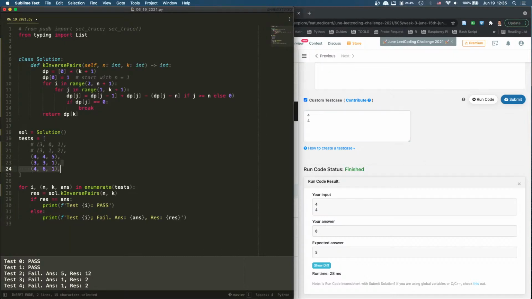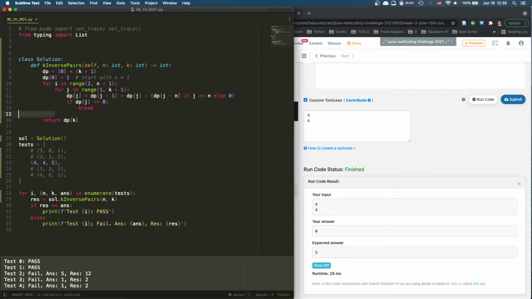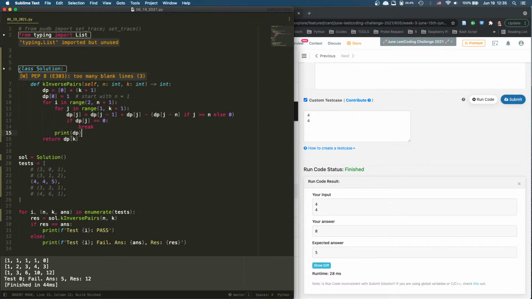Hold on. At the end, let's just print dp. That's what we get. That is not correct. It's 2. I from 2, and then first value j, k range is 1. That's 1, 1, right?